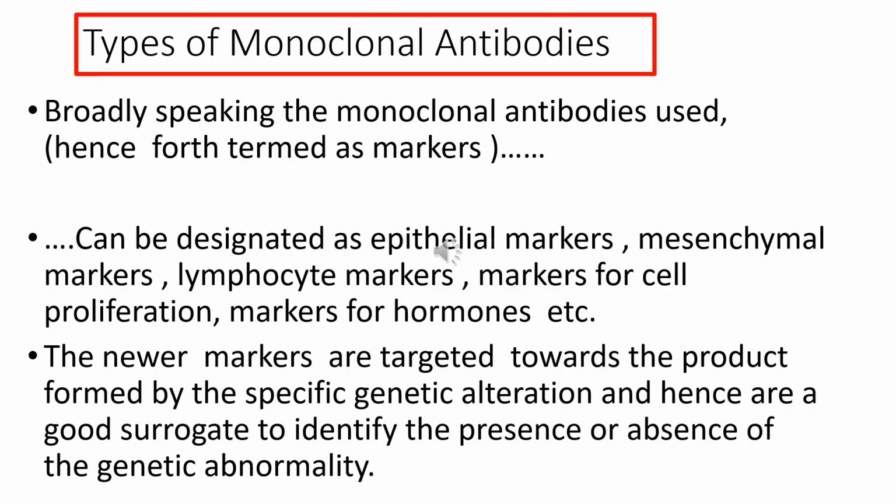Now, these are all the products which are formed by the cells, but the newer markers or the modern markers are targeted towards the product formed by the specific genetic alteration, and hence they are a good surrogate to identify the presence or absence of the genetic abnormality. For example, Ewing sarcoma has EWS-FLI1 rearrangement.